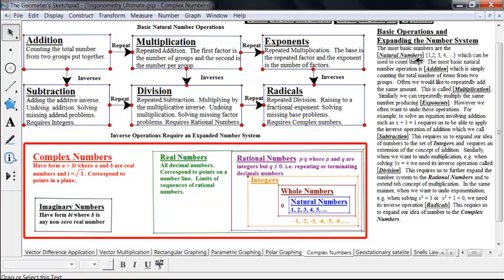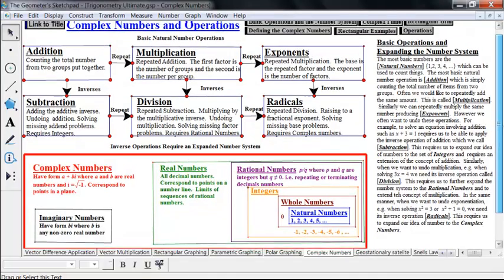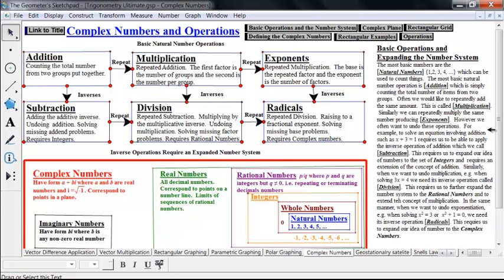So it's a very nice number system. It's very complete in some ways. So we're going to be working with these complex numbers, and in the following videos we're going to talk about different forms of writing them, how we can visualize them on a coordinate system, and then how we can do operations with these numbers.